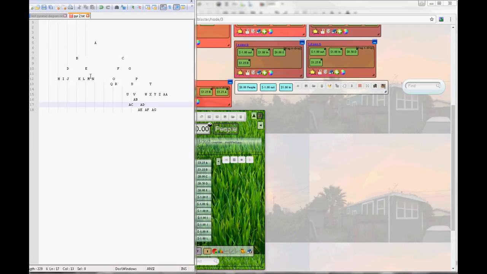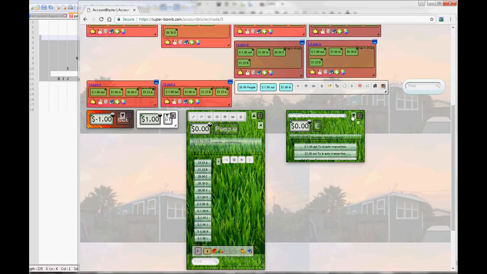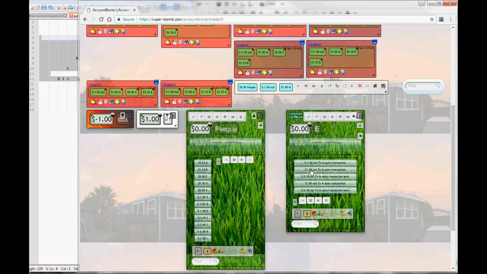And E, under E is K and L. So E is probably going to look just like C looked just now, right? It's holding $0, and here it is, paying $1 out, getting $1 in, paying 50 cents out, getting $1 in, paying 50 cents out. Okay, E is proper.